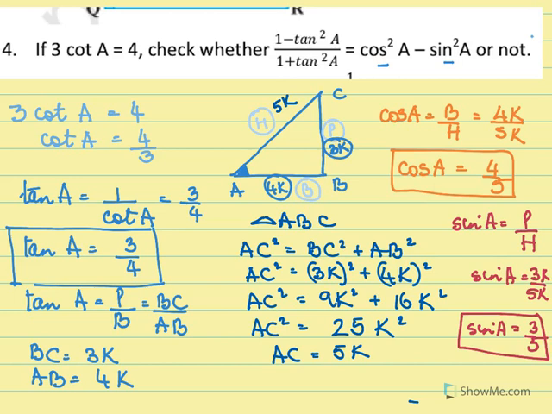We'll now substitute in this expression and show that the left hand side is equal to the right hand side. So we take up the left hand side, and our left hand side is (1 minus tan square A) over (1 plus tan square A).